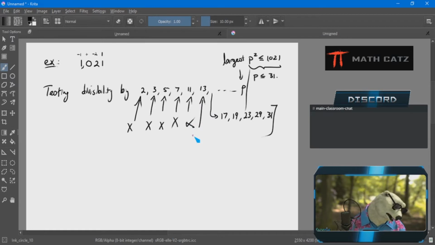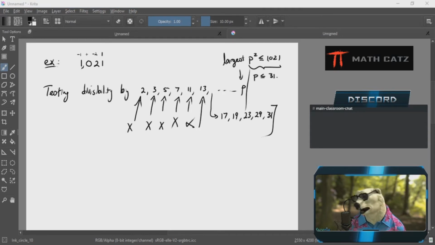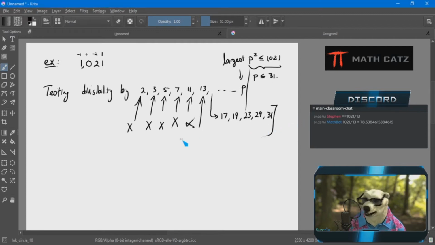After 11, I don't care to memorize divisibility tests. They're not really time savers anymore. So we are going to be more and more reliant as the numbers get bigger on our calculator. Divided by 13. So that's a no as well. I don't actually know.